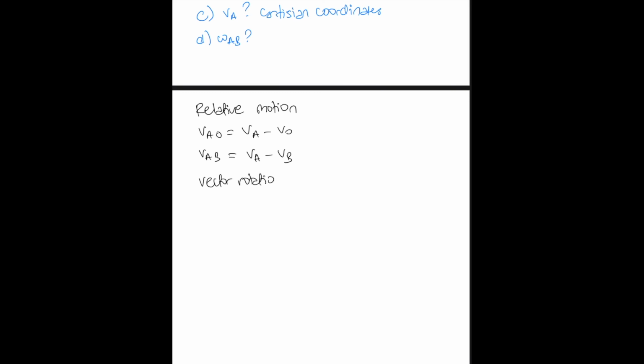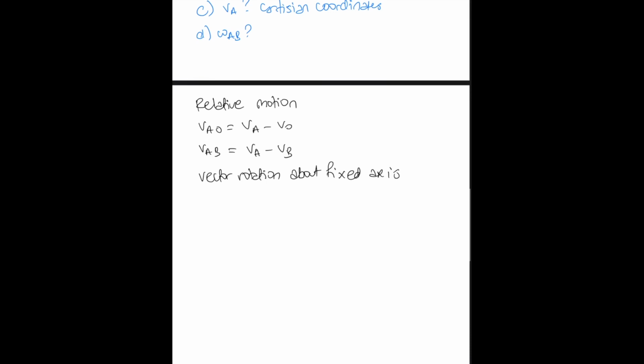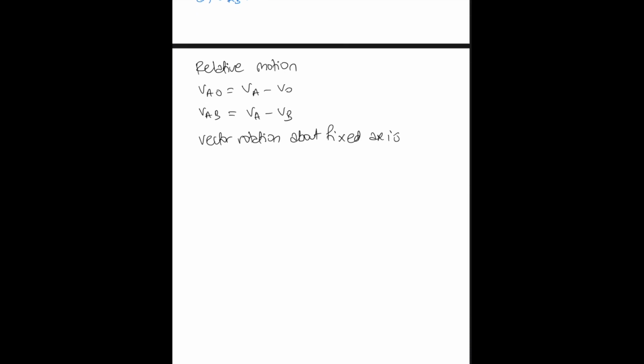Using the vector rotation about a fixed axis equations, we're going to sub in omega AO, cross product radius of A with respect to O, is going to be equal to VA minus VO.